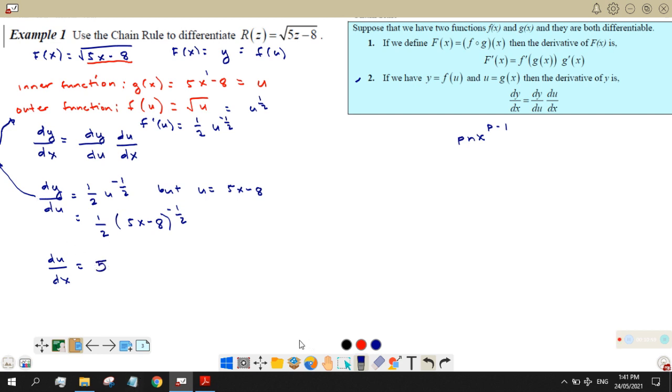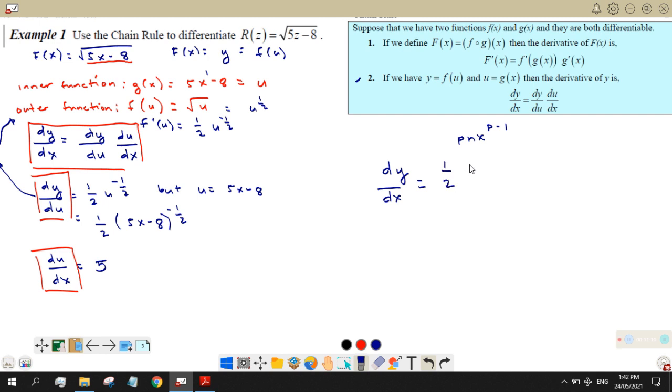So since meron na tayong dy over du at saka du over dx, pagsamahin na natin siya para makuha natin ito. Okay? So, dy over dx is equal to 1/2 times 5x minus 8 raised to the power of negative 1/2 times 5.